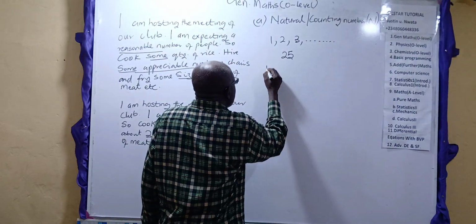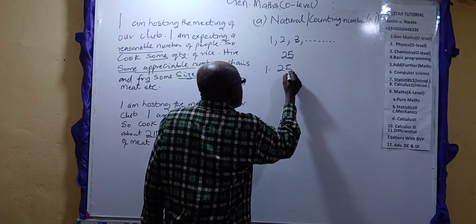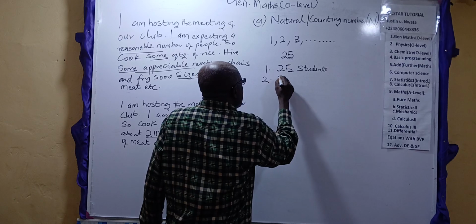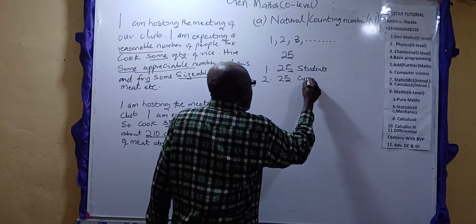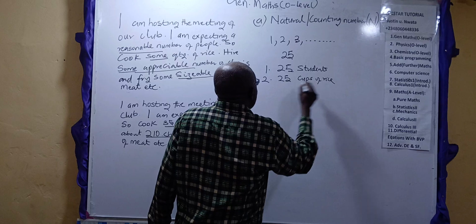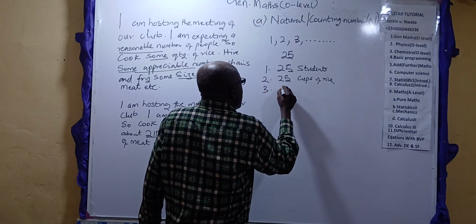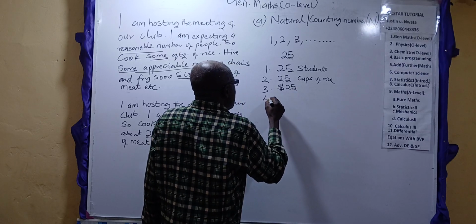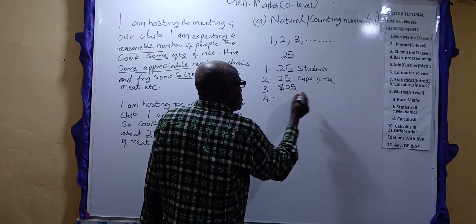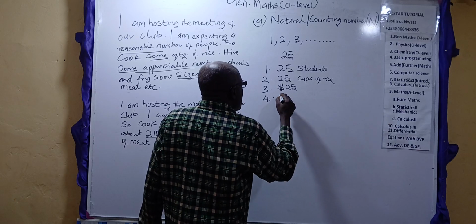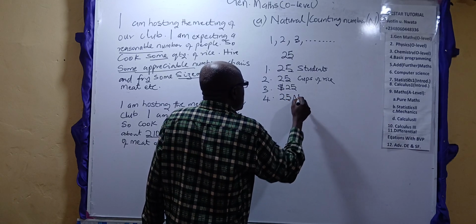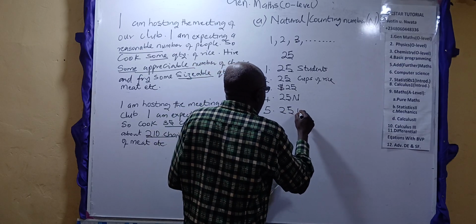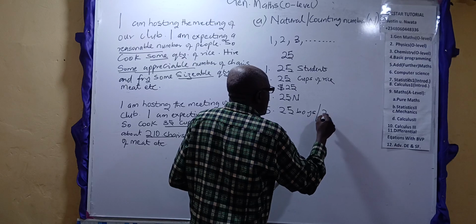For instance, 1, there are 25 students in the class. 2, I need 25 cups of rice. 3, I need $25. 4, the weight of that thing you're holding is 25 Newton. 5, in terms of gender, there are 25 boys, or there are also 25 girls.